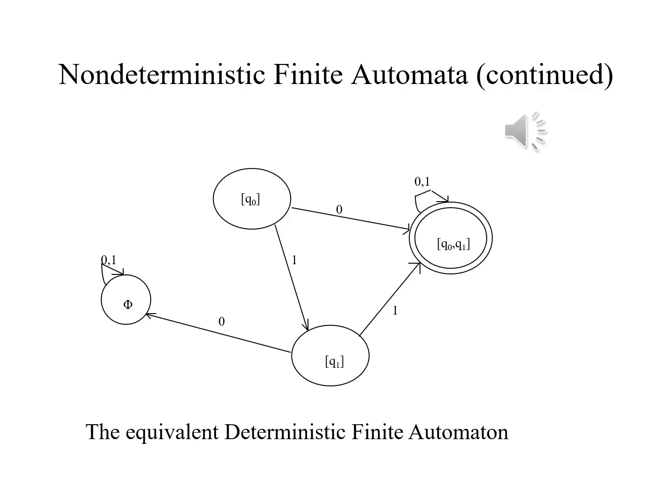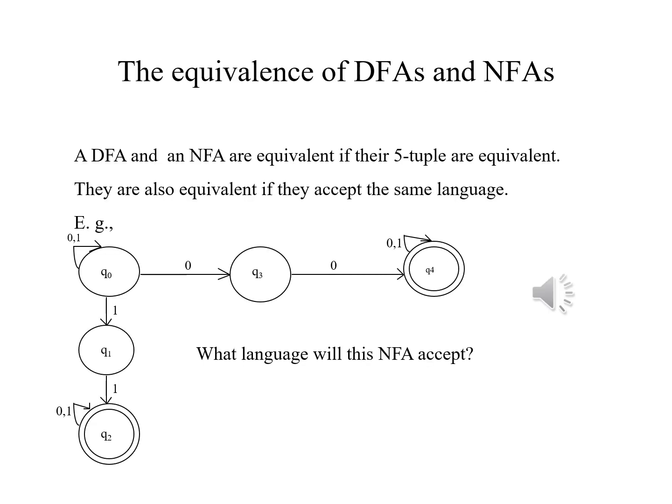Once we have defined the 5-tuple, the set of states, the alphabet, the initial state, the set of final states, and the transition function, it is fairly easy now to create the diagram that you see on this slide. A deterministic finite automaton and a non-deterministic finite automaton can be considered equivalent if their 5-tuples are equivalent.